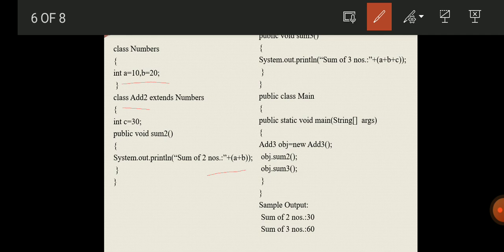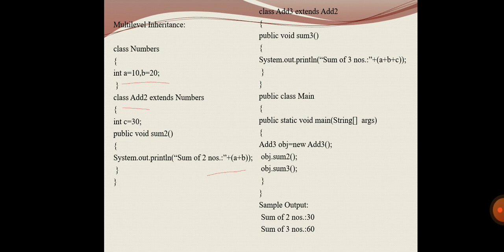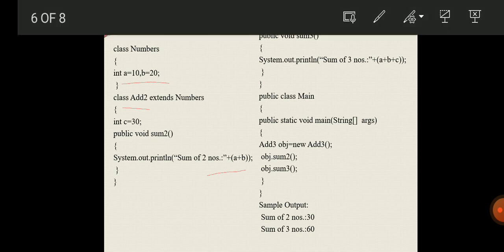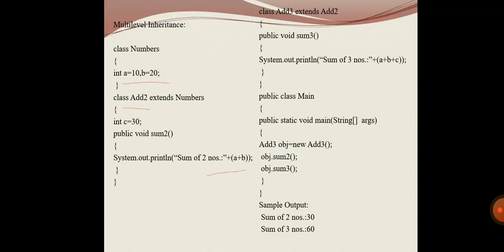So number is the base class, and the derived class is add 2. Next we have another class add 3, which extends add 2. So the main class is number, then add 2, then add 3.